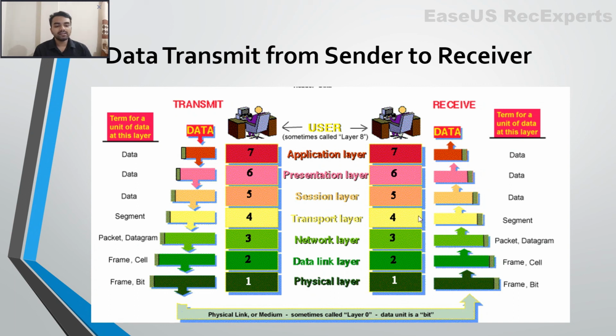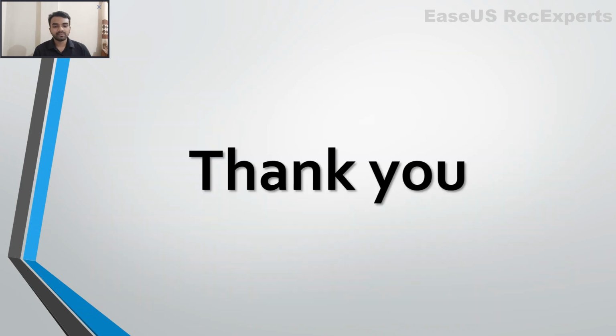The transport layer receives the segment and sends the data to the session layer. After that, the presentation layer decrypts the data and transfers it to the application layer. The application layer shows the message to the receiver. This is the working procedure of this OSI model. Thank you.